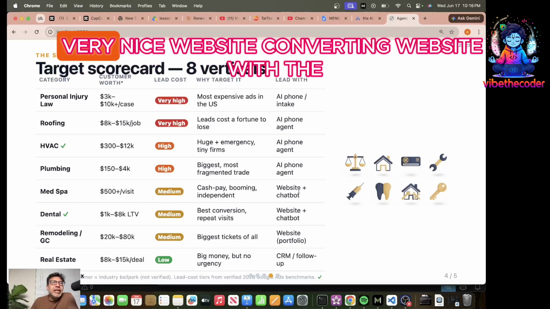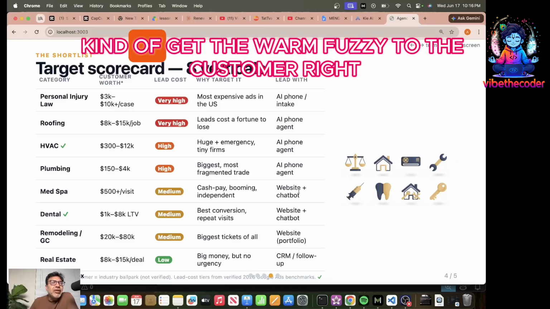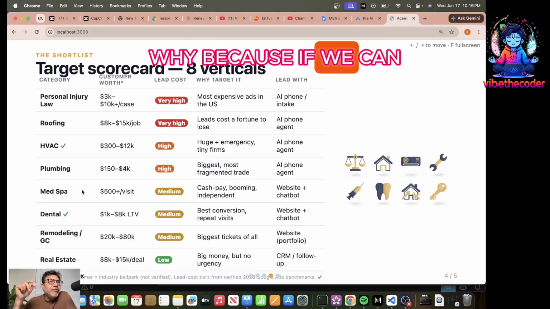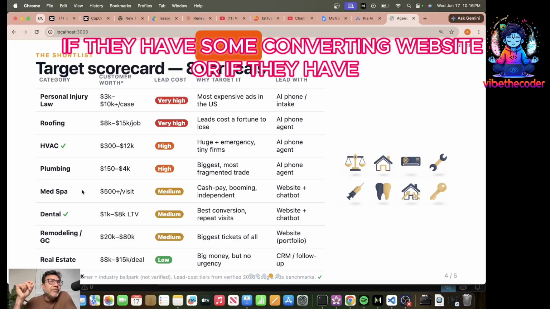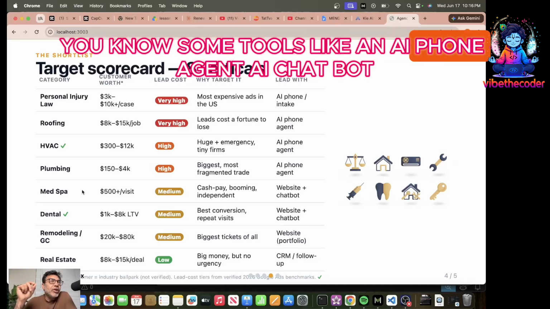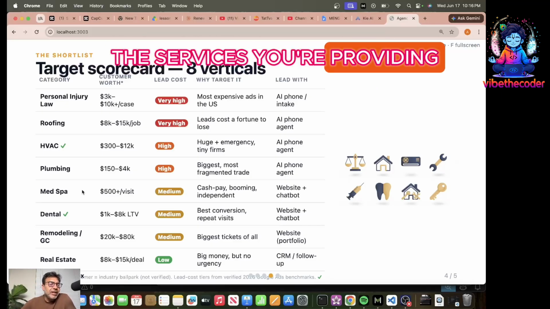It's a very nice converting website with an AI chatbot which can answer and give a warm and fuzzy feeling to the customer. Why? Because if they have a converting website, or tools like an AI phone agent or AI chatbot, then you are in demand, because that's the service you're providing.